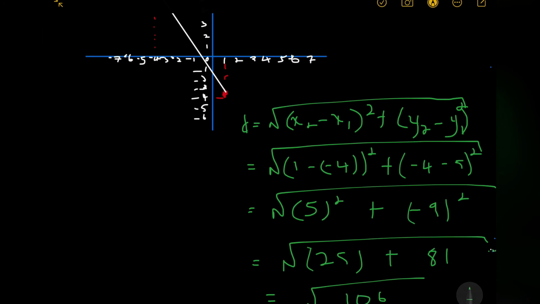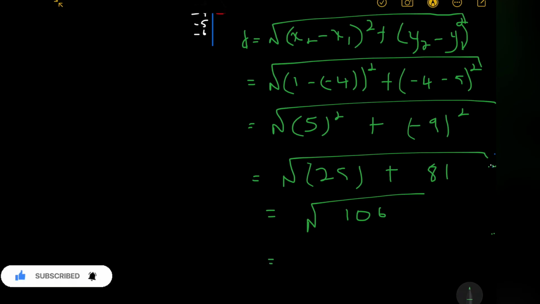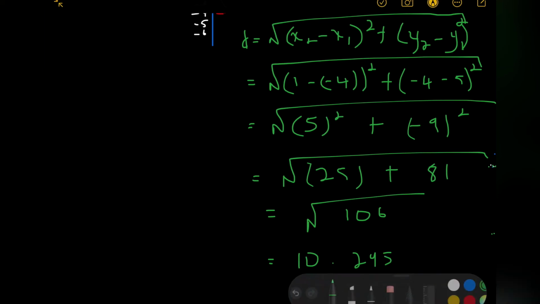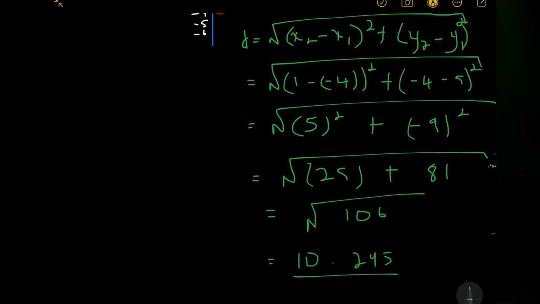The square root of 106 is equal to 10.29. So the length of our line would be equal to this value here, units, whatever units our graph is in.